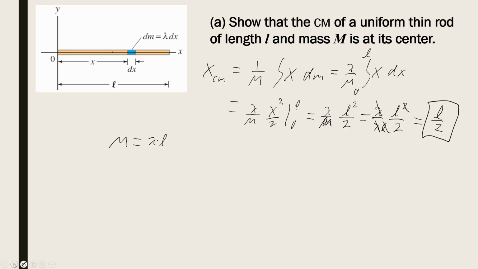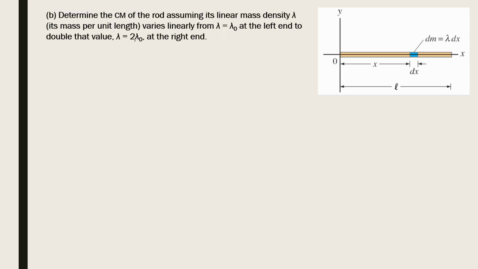Now if we want something a little more complicated, let's say that it is not uniformly dense, but that the density increases from a value of lambda naught over here, up to a value of 2 lambda naught over here. So it's twice as dense on this end as on that end, and we're assuming that it increases linearly across the rod.